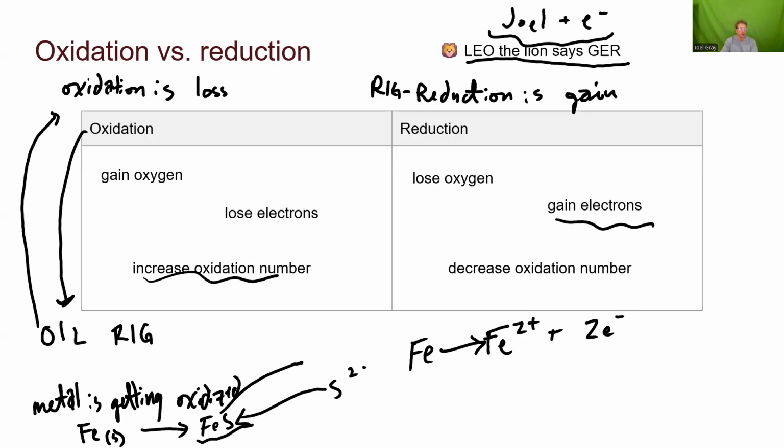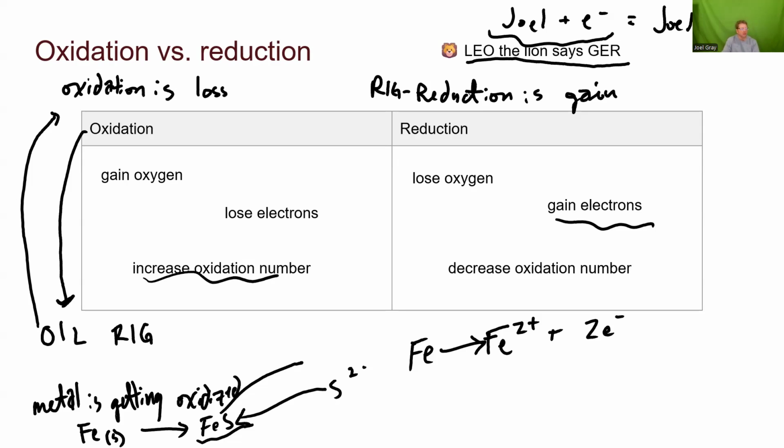This is a little abstract, but if I gained an electron, if I gained a negative charge, well, then the product would look like Joel minus.